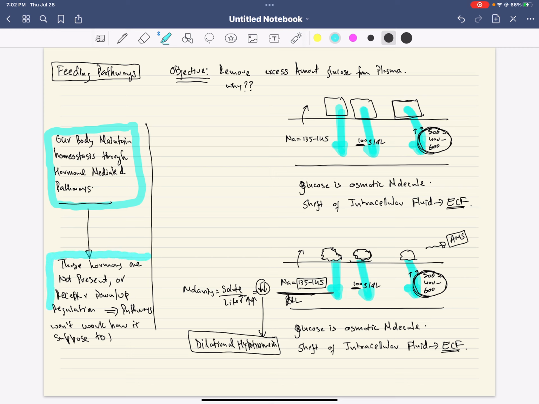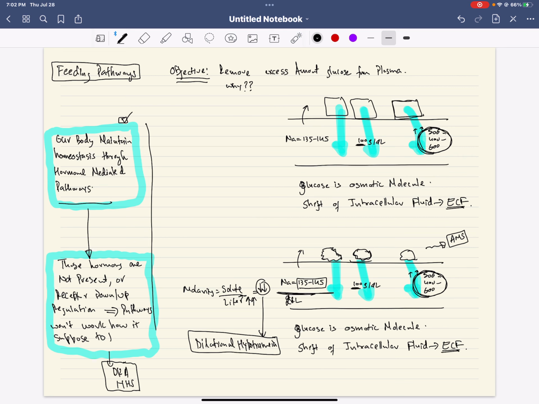And then we will talk about this, and this is where we'll focus on DKA, HHS, and all of that stuff. In order to understand this in proper detail, like why we do the things we do in DKA, we need to understand what is happening at normal, like normal physiology of these hormones, right?